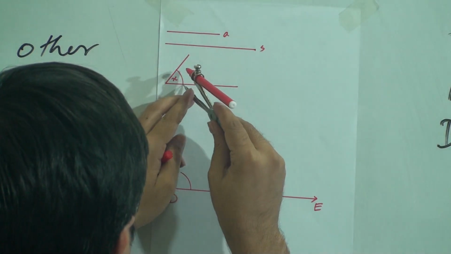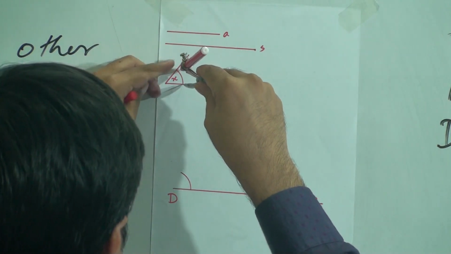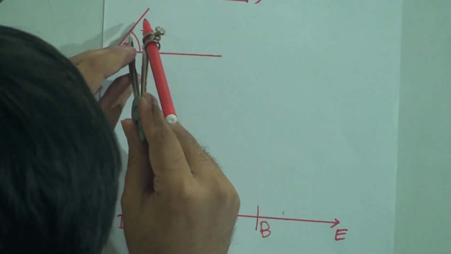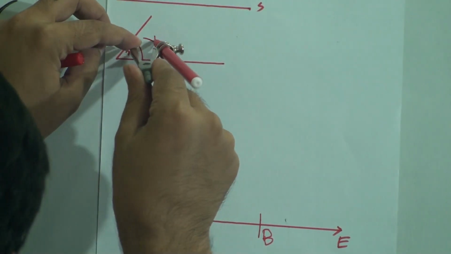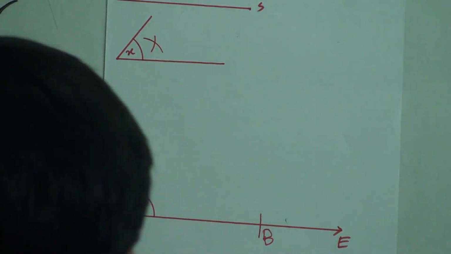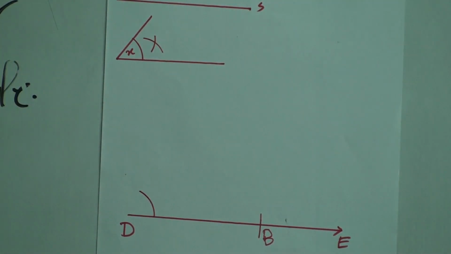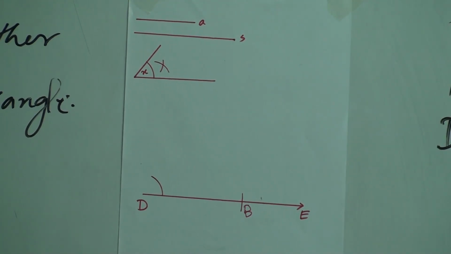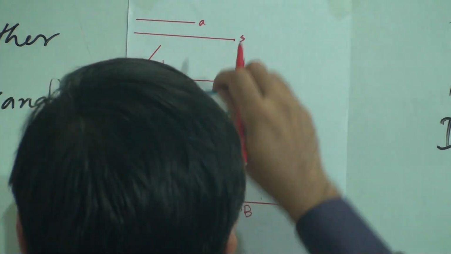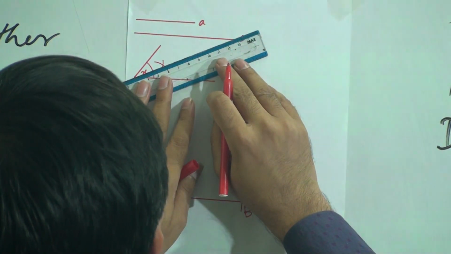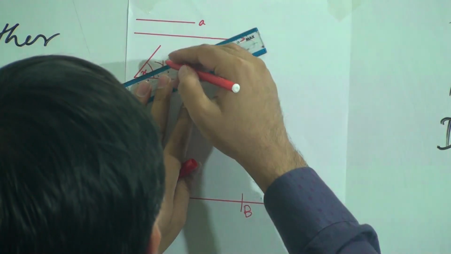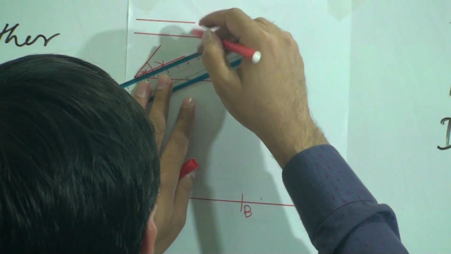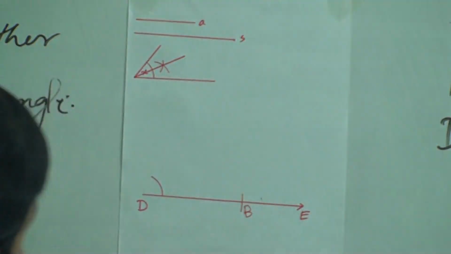Now bisect the angle X. Students, I think you know how to bisect an angle. You have learned this in the previous class. So we can draw a ray here. This ray bisects the angle X.